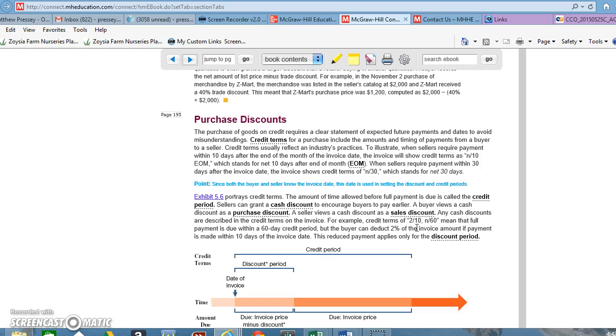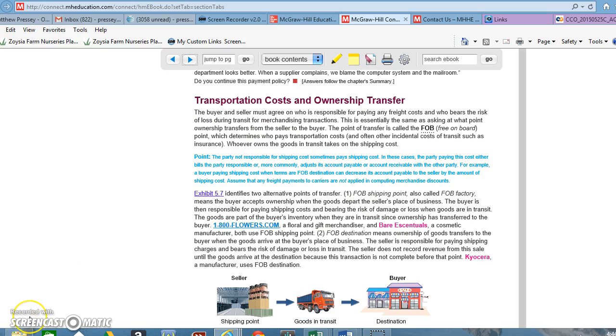Now, conversely, this 2 slash 10, n slash 60 would mean 2% off if paid within 10 days, and the net is due within 60 days. So this little code that they explain here on 195 is going to be very important, and will help you decipher the credit terms that a wholesaler and a retailer will come to an agreement upon.